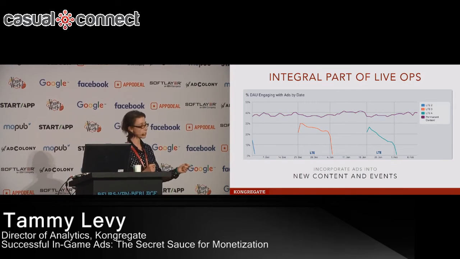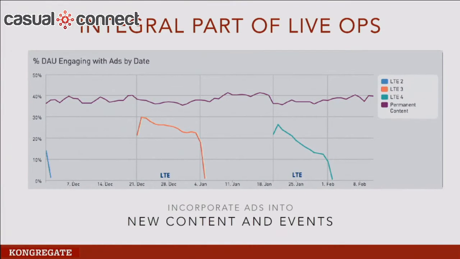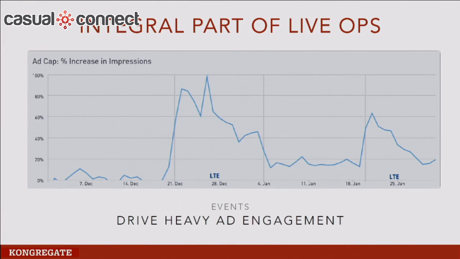And the best part is that engagement with the permanent content doesn't really drop. All of this means that events increase impressions anywhere from 40 to 100%. And remember, this is exactly what we want to maximize, our impressions.